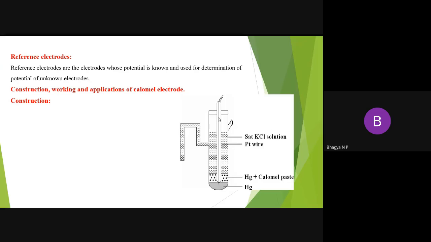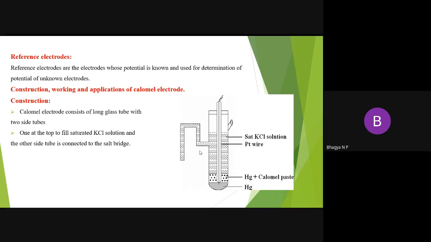The same thing, if you write it in words, gives the explanation of this calomel electrode. What is the first point? When you look into this, the calomel electrode consists of one long glass tube with two side tubes, one here and one here. The side tube present at the top is used to fill the saturated KCl solution, and the other side tube is connected to a salt bridge.